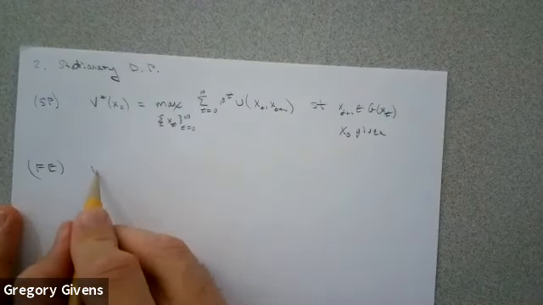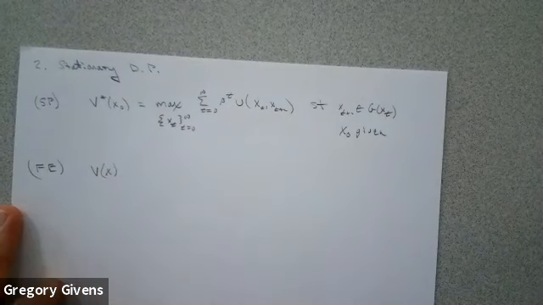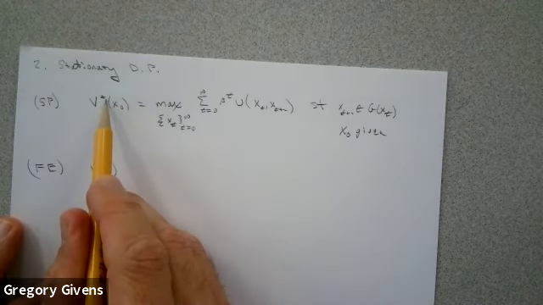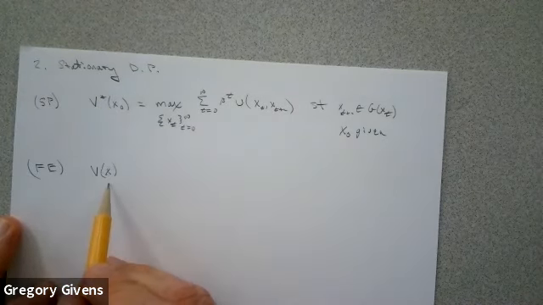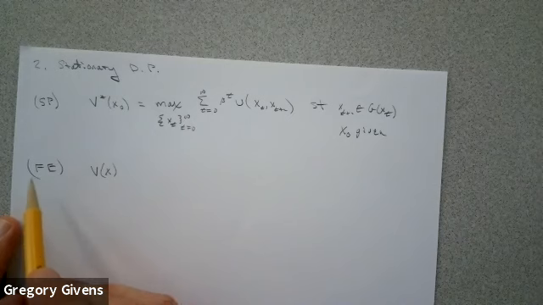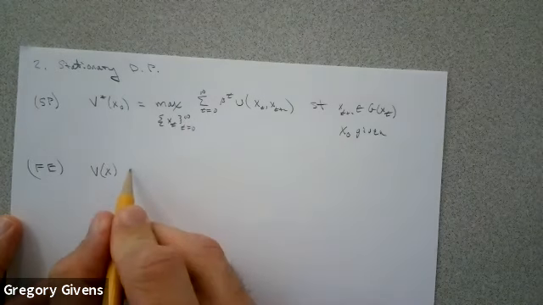Now let me write down what the relevant functional equation is that corresponds to this sequence problem. It looks like the following. V of x, which is again a value function, but this V here doesn't necessarily correspond to V star. V instead is the value of pursuing an optimal plan that satisfies this functional equation. The functional equation looks like the following.